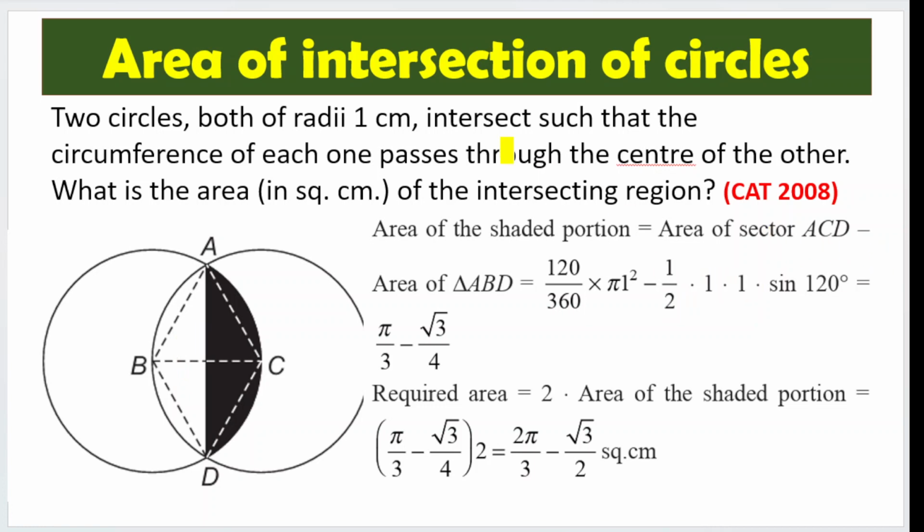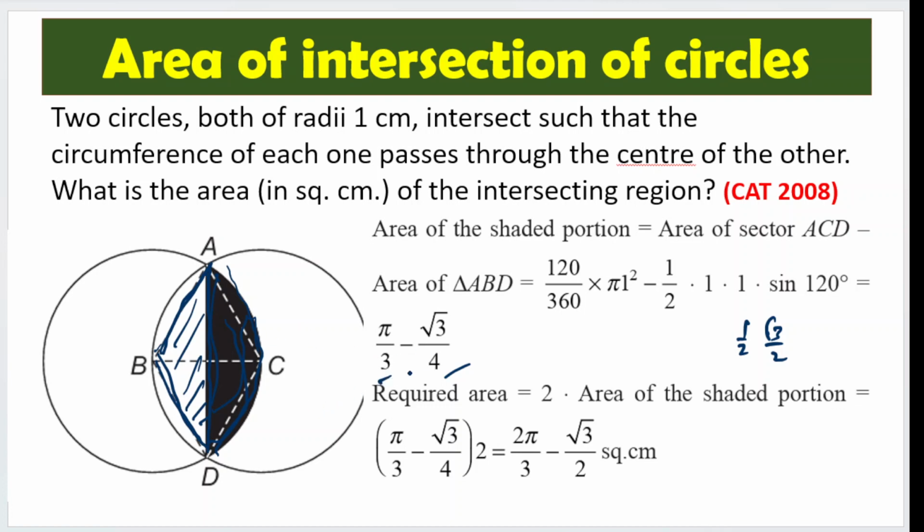So half into root 3 by 2 is equal to root 3 by 4. So the area of this triangle is root 3 by 4, and the area of this small circular part plus this triangle is pi by 3.